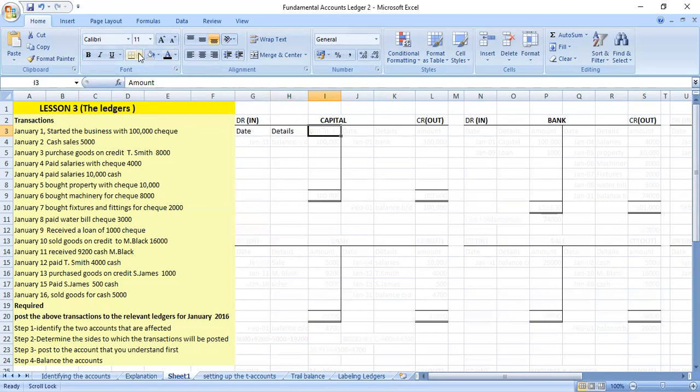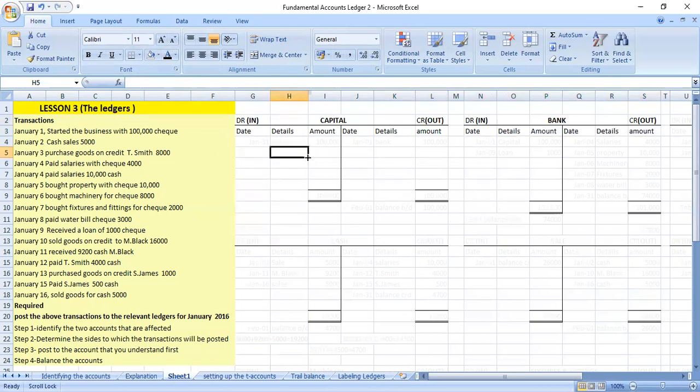It's going to be the same thing for all accounts. Date, details, and amount. It's the same information that is on both sides. So our capital account and our bank account is ready.